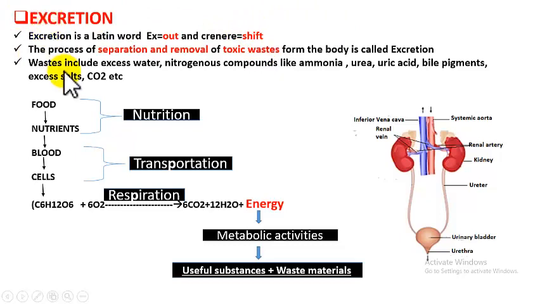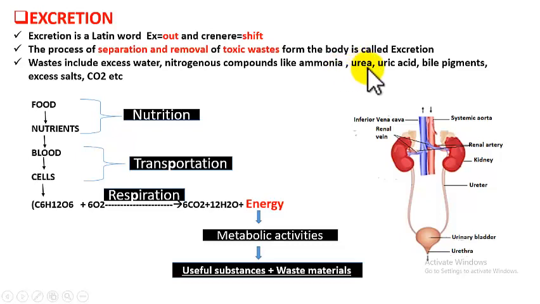Understood, students? Now, what are the waste materials that are generated inside our cells due to metabolic activities? They are water. Excess water that we take in via drinking is also toxic for the cells. Next, the nitrogenous waste materials like ammonia, urea, uric acid. These are all waste materials produced due to the breaking down of proteins.